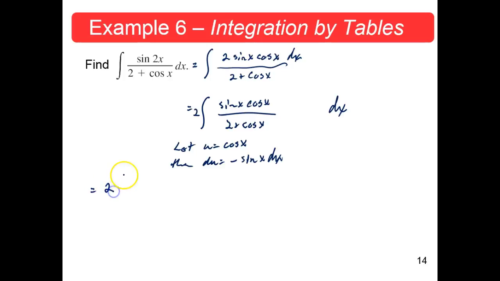That would be a 2 times the integral of, let's make that a minus 2, pull that minus out front. And what we would have is a u du, u being cosine x, du being sine x dx with the minus out front. And then what we have here is a 2 plus u, right?